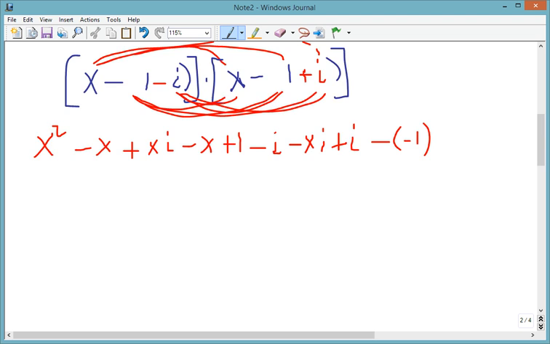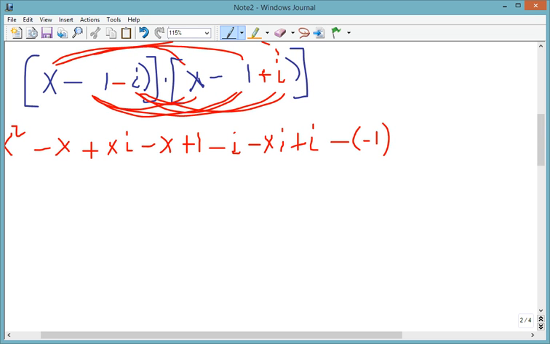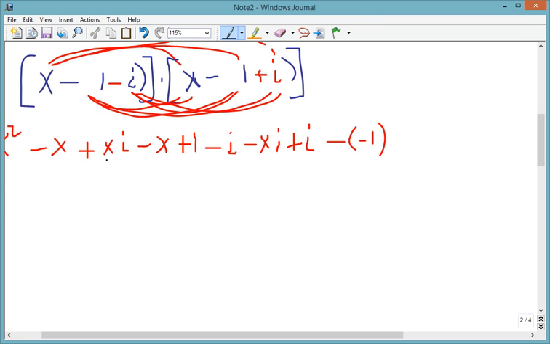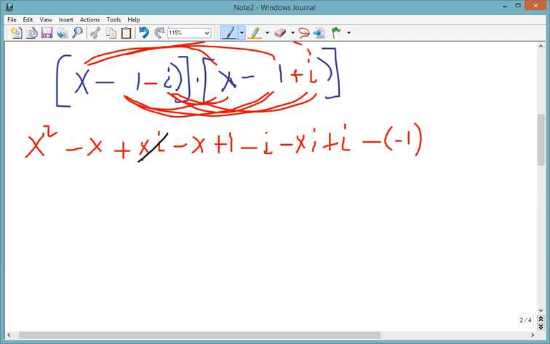Okay, so this xi and there's a negative xi, that's 0. And we have a negative i and a positive i, that would be 0. And so let's see, I have x squared, and then I have negative x and negative x, so that would be minus 2x. And I have 1, and this would be a plus 1, right?